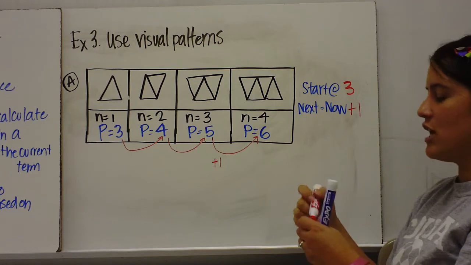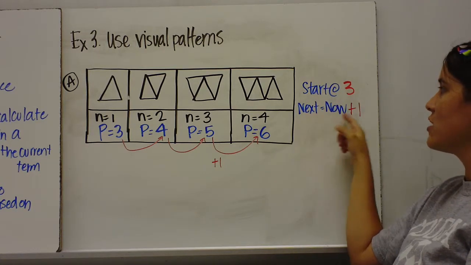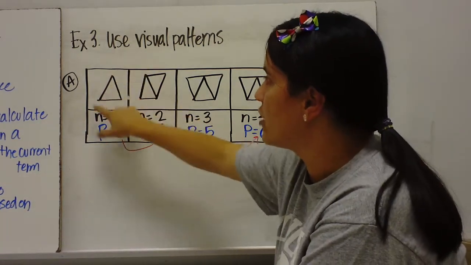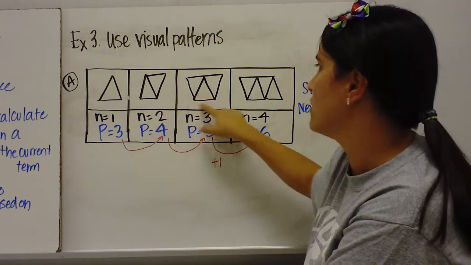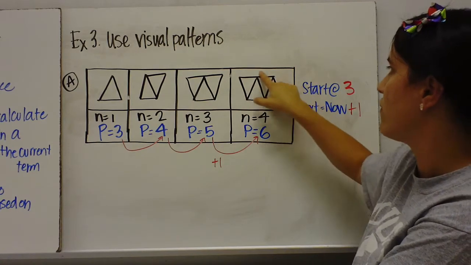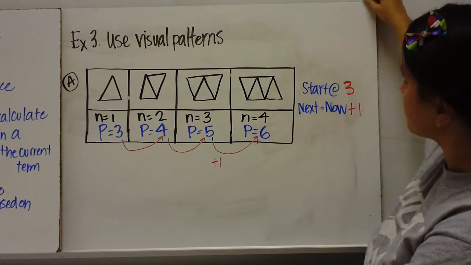So my equation is next equals now plus 1. Start at 3, next equals now plus 1. The perimeter is the outside sides. So right here we have 3 sides. Right here we have 1, 2, 3, 4. 1, 2, 3, 4, 5. 1, 2, 3, 4, 5, 6. So that's where the perimeter is coming from.